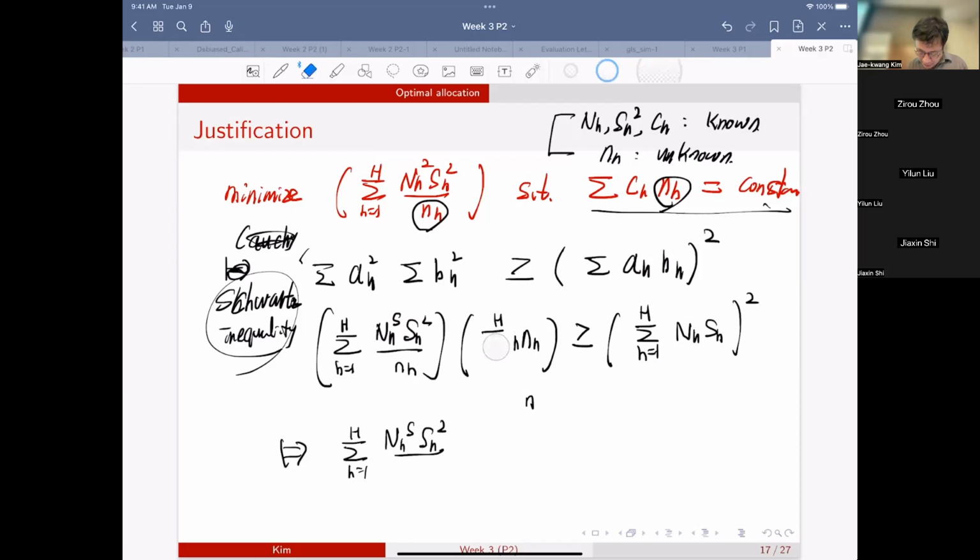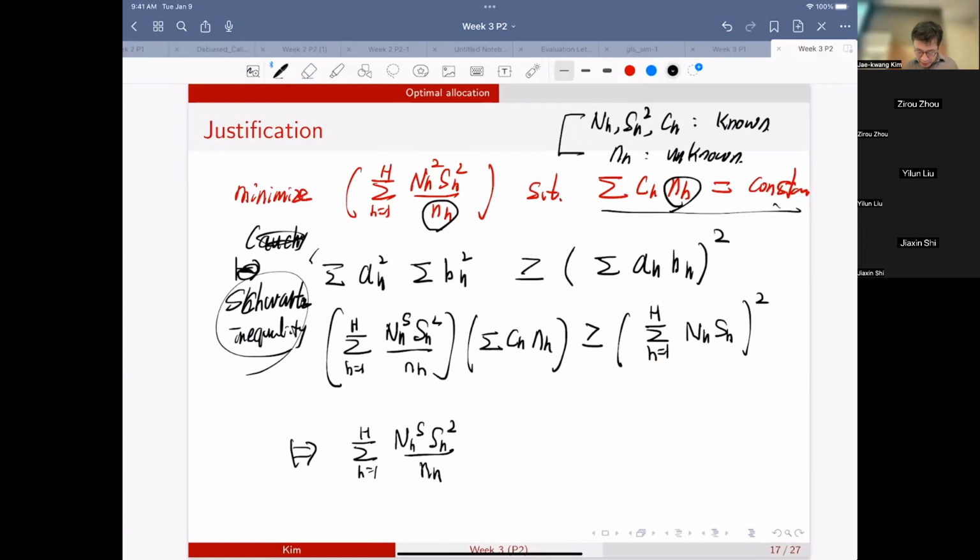So this is not really okay. Let's write it again: CHNH. Okay, but anyway, we still get a constant in the sense that it is free of NH. So this is what we want to minimize, right?